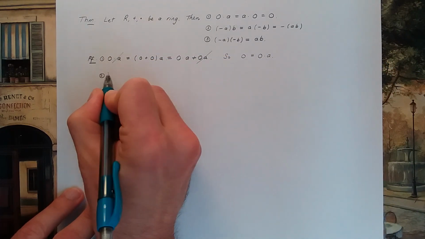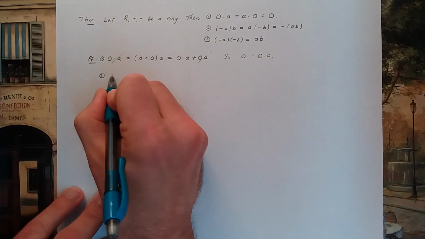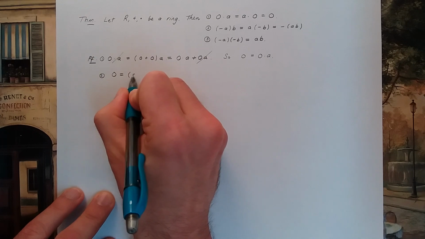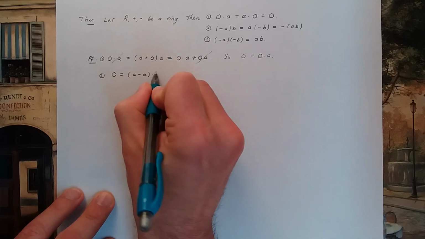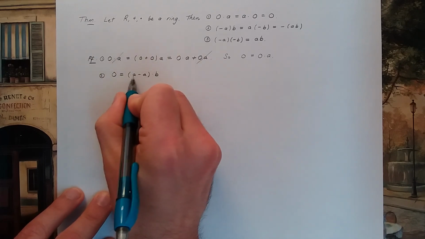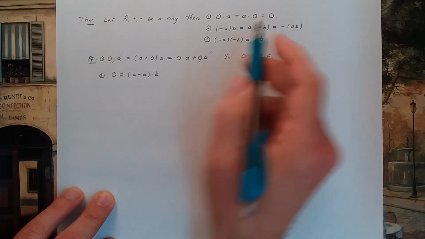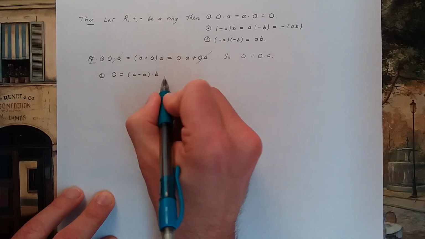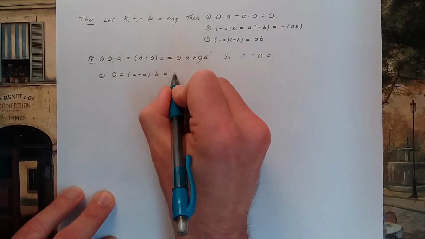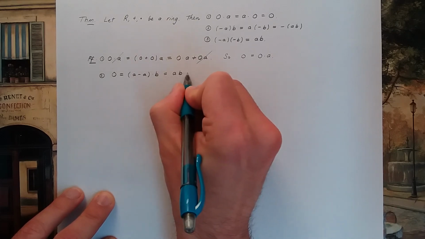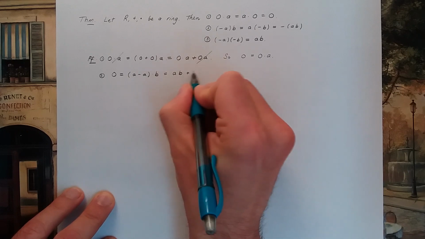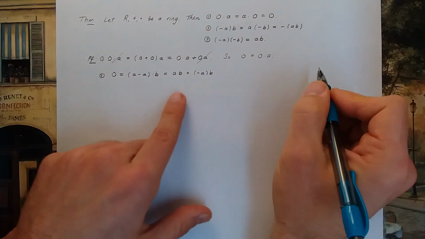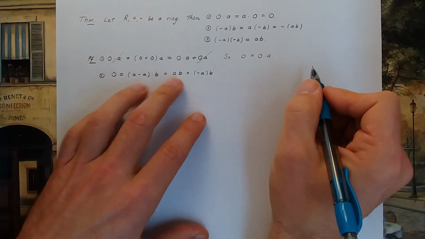Statement number 2. I've got to prove that, starting with 0, that's A minus A times B. So A minus A is 0, and based on property 1, 0 times B is 0. Now I can use the distributive law. This is AB plus negative AB. Subtraction is legal in a ring.